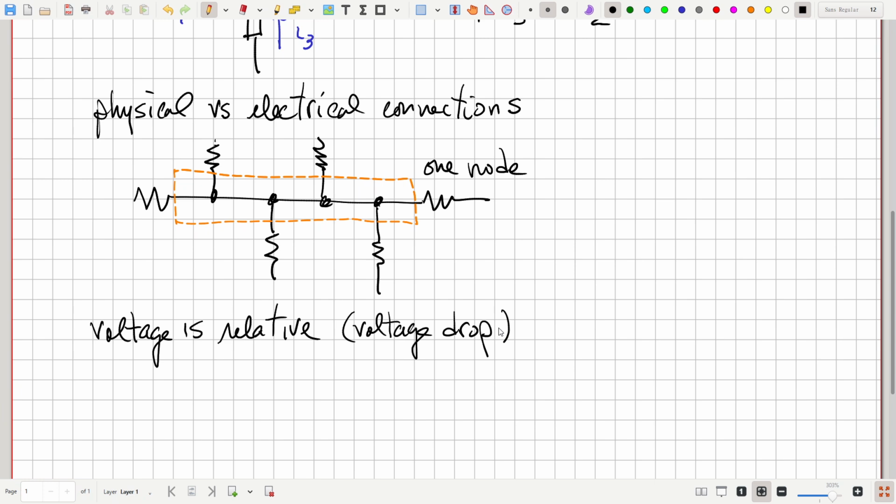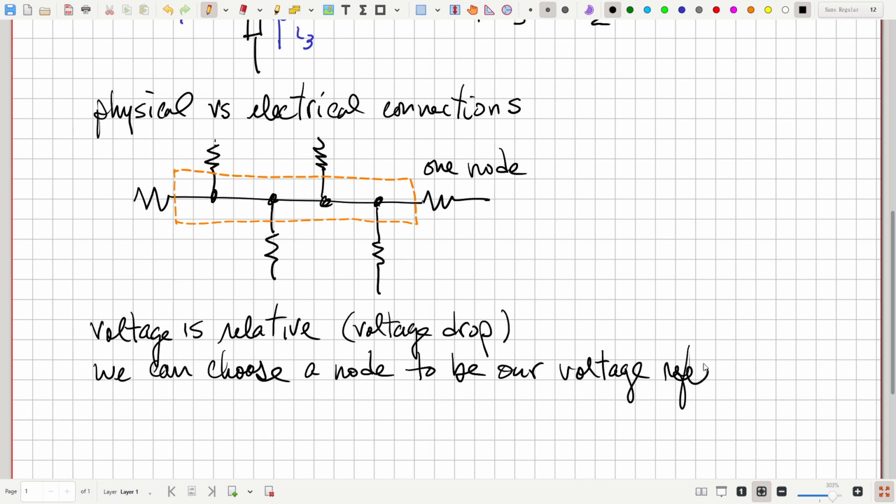And what that means is we can choose a node to be our voltage reference. So for example, in this case up here with this node, we might call this 0 volts.